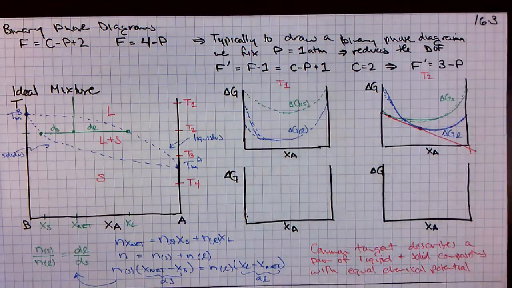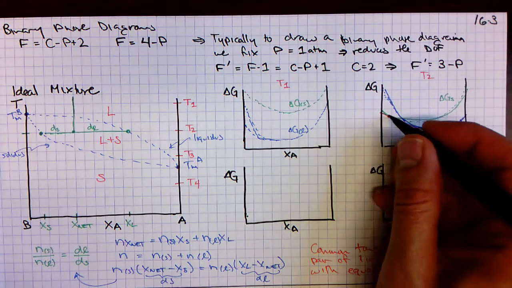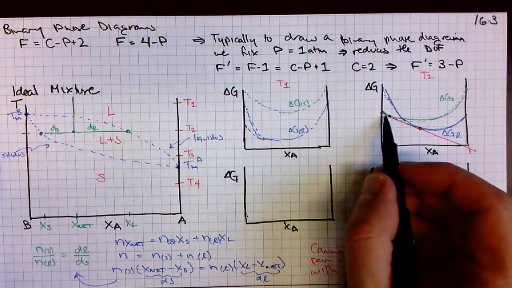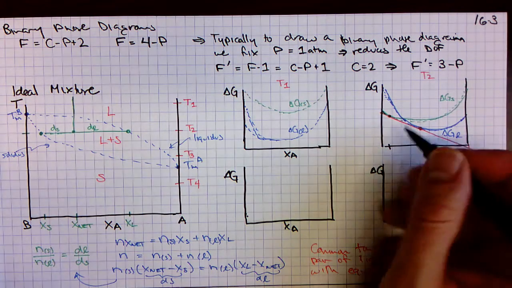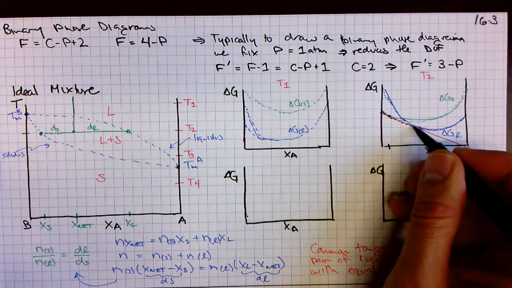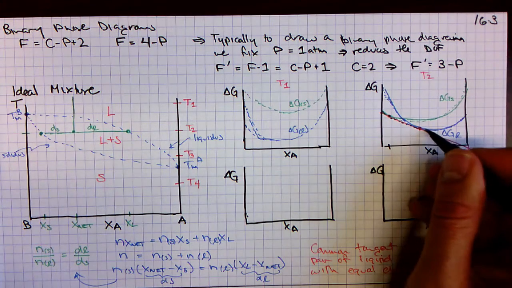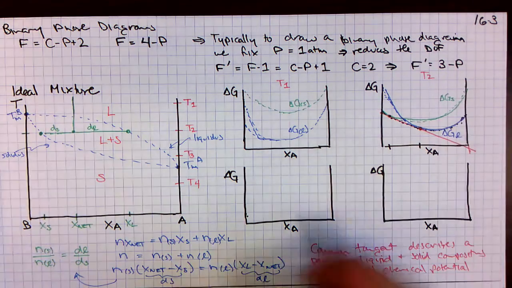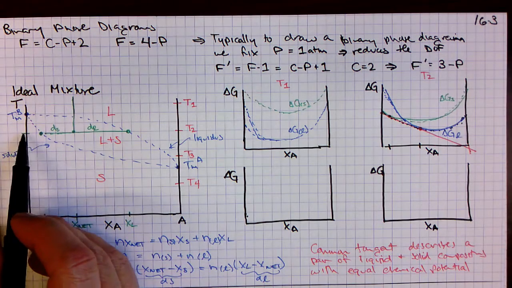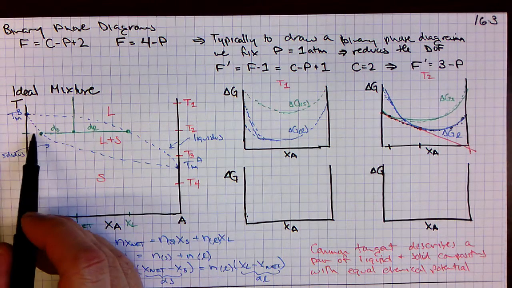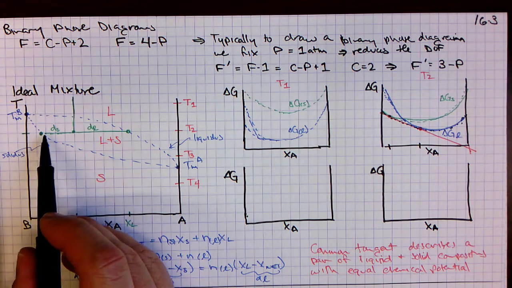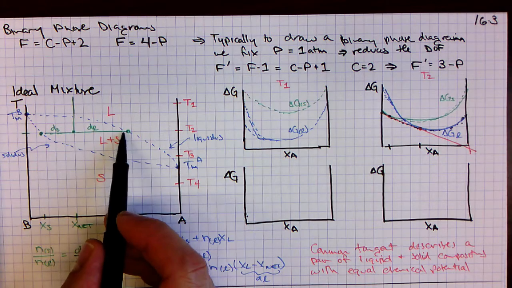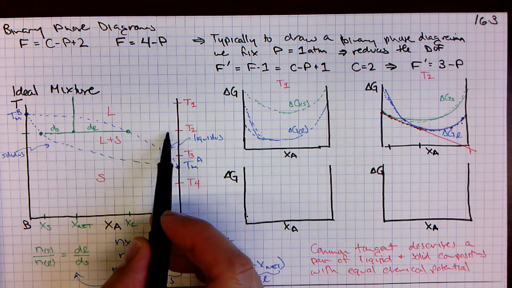And so it turns out that above this composition, you'll have just the solid. Along this line, you'll have the solid and the liquid. And then along this line, above this composition, you'll have pure liquid. And so that's what's happening here. We're going from being on the green curve over here to being on the red line that joins the green curve and the blue curve, to being on the blue curve as we move over here.